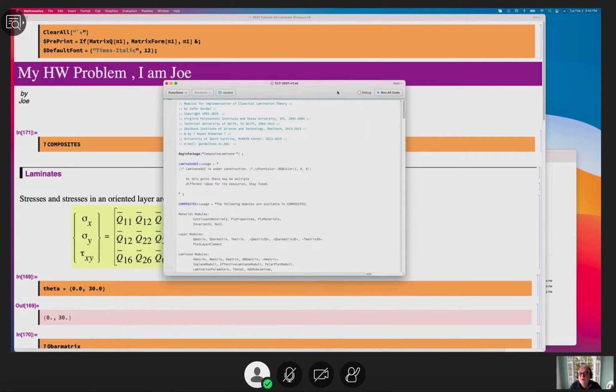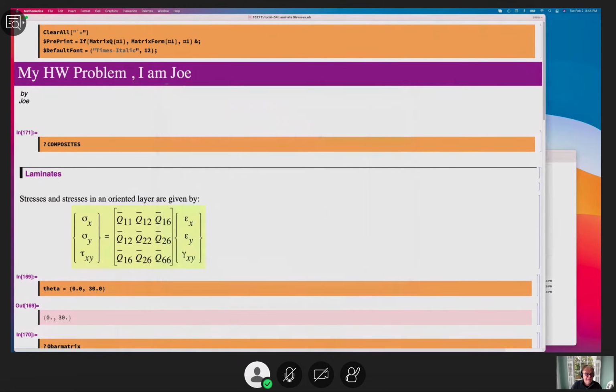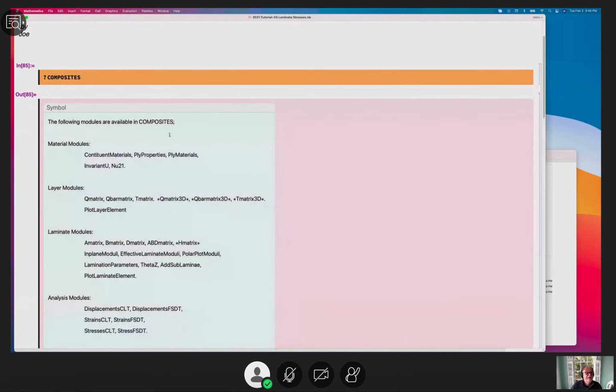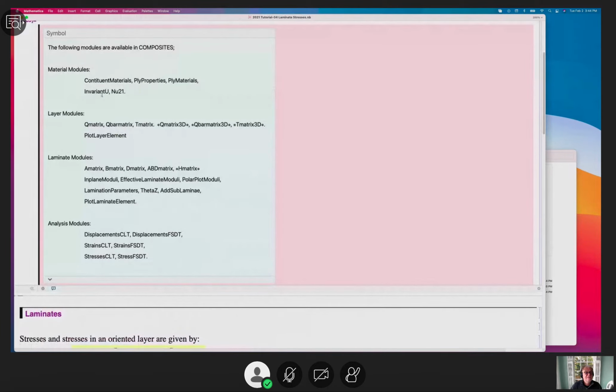So you have to run this code by clicking on it, and then you can forget about it. But once you do that, when you type composites, question mark, it comes back and says, okay, you can use these modules. Now, all of these modules are available for you. Okay?